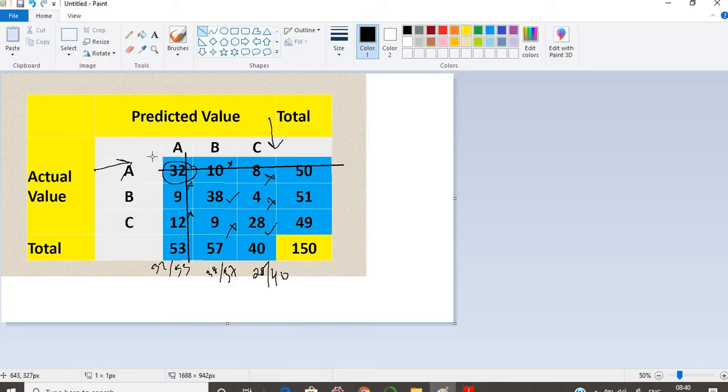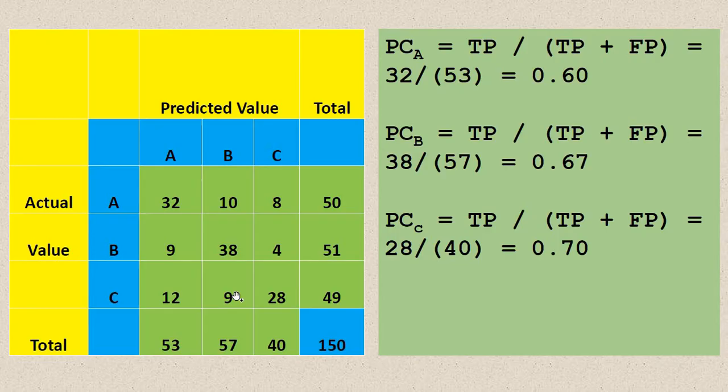The intersection will be my true positive, and the remaining two will be my false positives. So the formula for precision is true positive divided by true positive plus false positive. For class A, this is the value, 32 by 53. Similarly for class B, it will be 38 by 57. So this is how we calculate the precision per class.